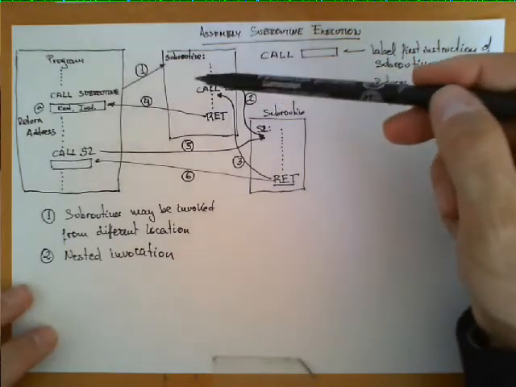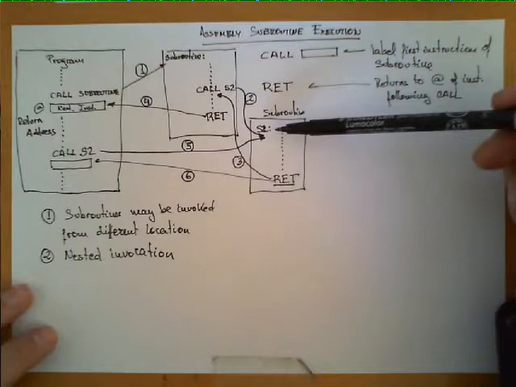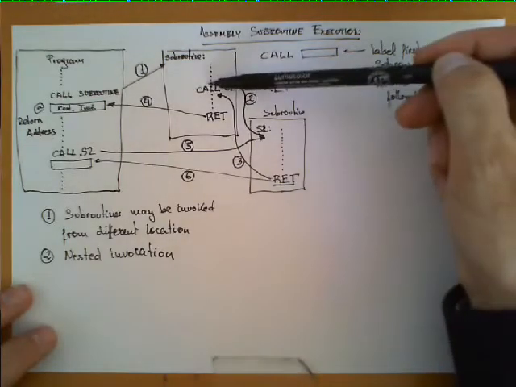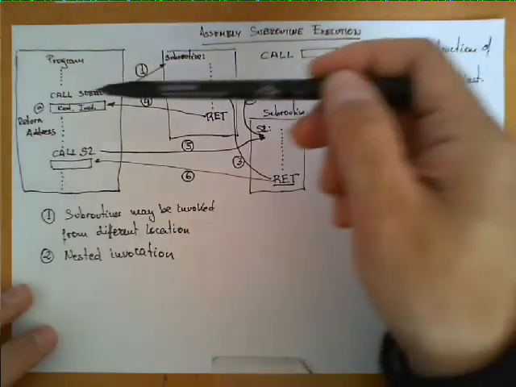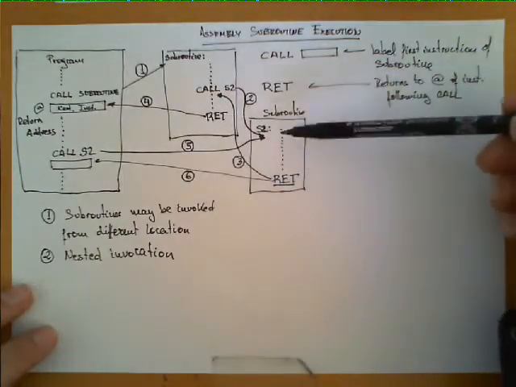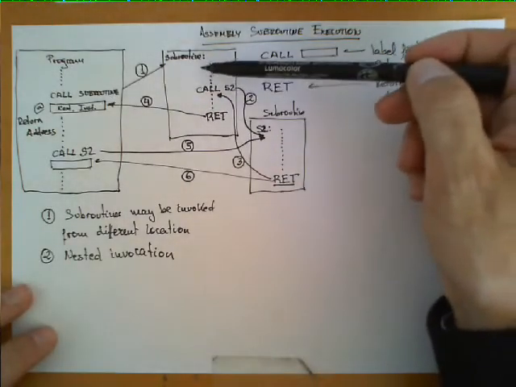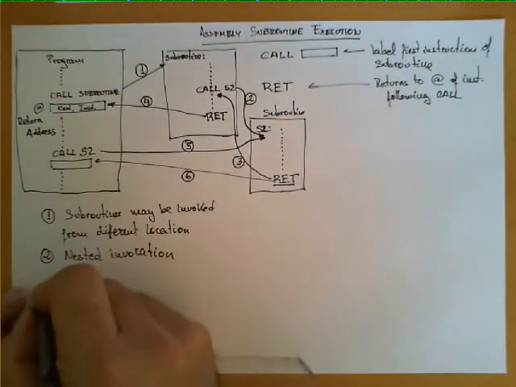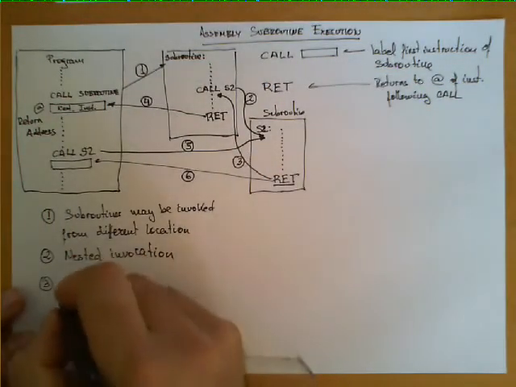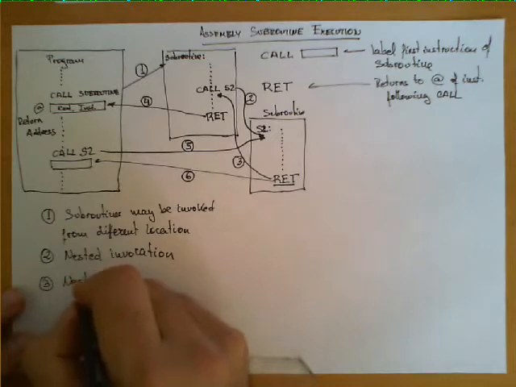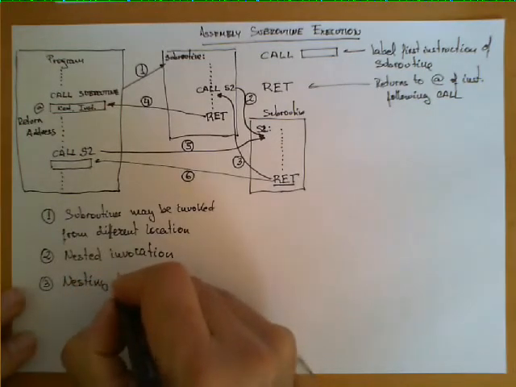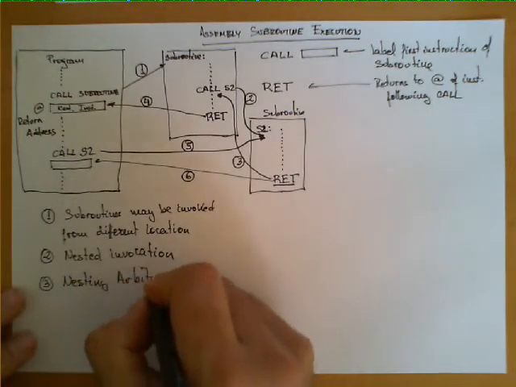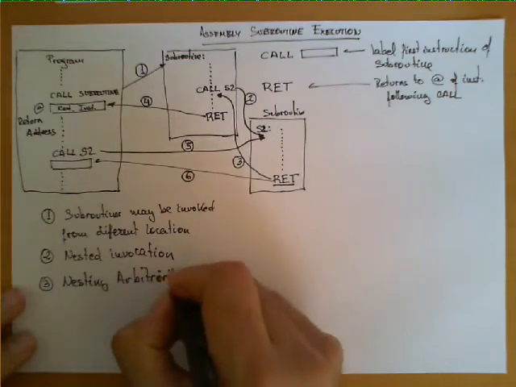What we mean by that is basically that S2 over here at some point was invoked inside a subroutine, which itself was invoked inside the program. So this invocation is nested inside this subroutine, which itself is nested inside this program over here. Number 3 observation, this nesting can be arbitrarily deep.